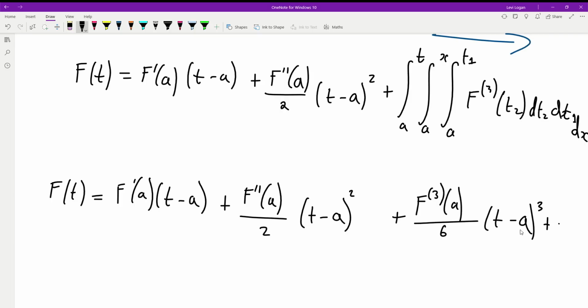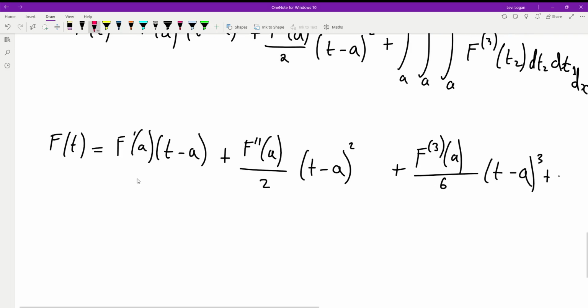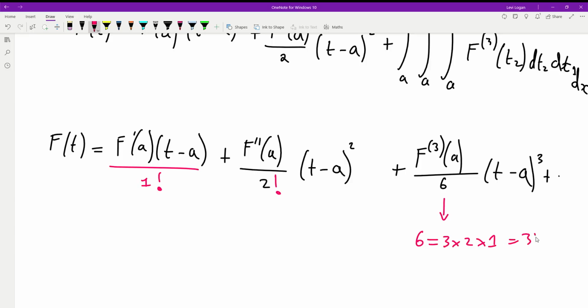And if you keep doing this, what we're getting is a pattern like this. Now, what we actually have here, this is 1 factorial. This here is 2 factorial. And 6 is another way to write 3 times 2 times 1, which is 3 factorial. Okay, so what we actually have here is 3 factorial.